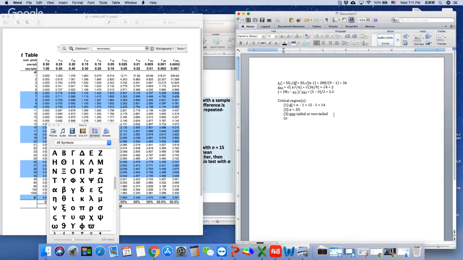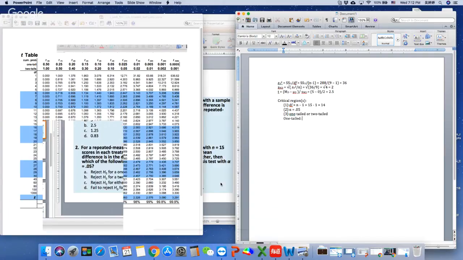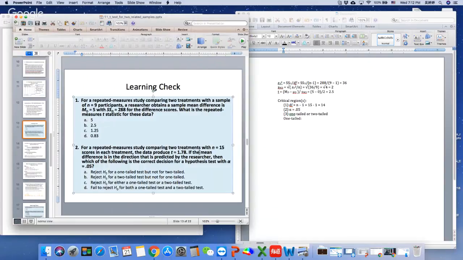Here we know it is one-tailed because the t is a positive number. Because the mean difference is in the direction predicted by the researcher, they are on the same side, the right-hand side.